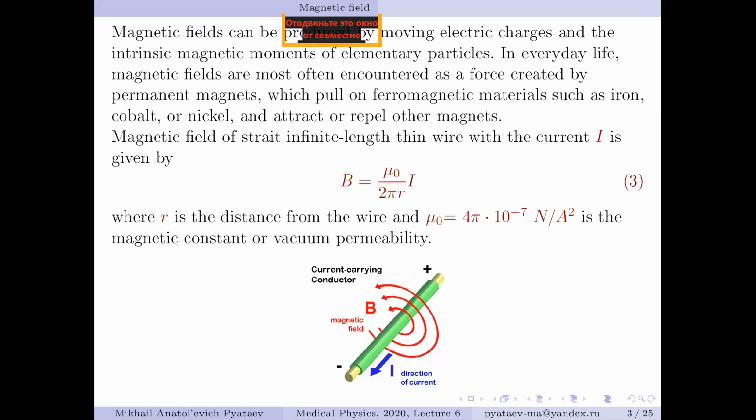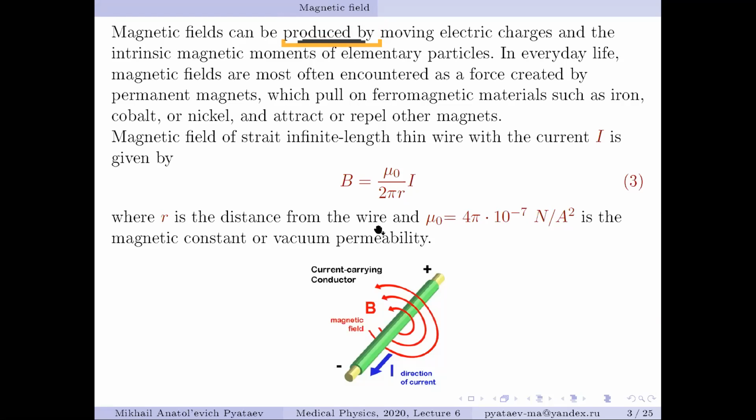If we discuss a point particle, it is a point, and an infinite length thin wire is a one-dimensional object. A point is a zero-dimensional object, and the wire is long, and it has another geometry, and that's why we have r to the power minus 1 in this formula.